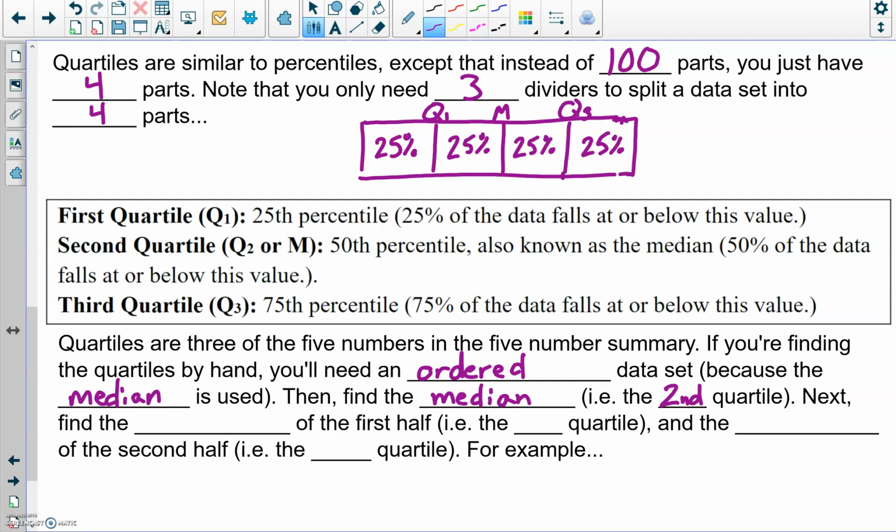So you find that first when you get your ordered data set. Next, you're going to find the median of the first half, i.e. the first quartile, and the median of the second half. So it's all medians. The median splits it in half, and then the median splits each half into half and gives you 4 quarters. That median of the second half is called the third quartile.